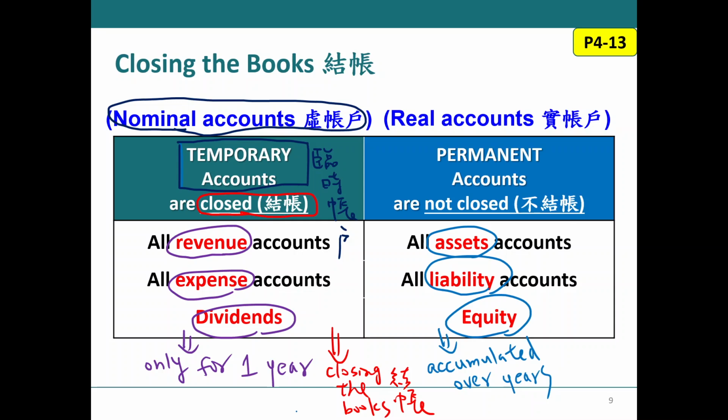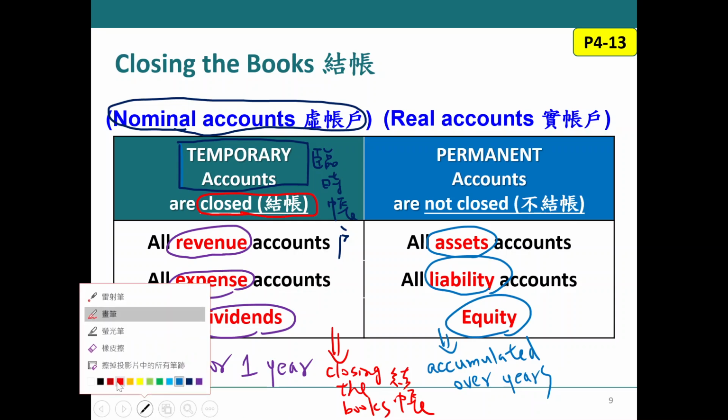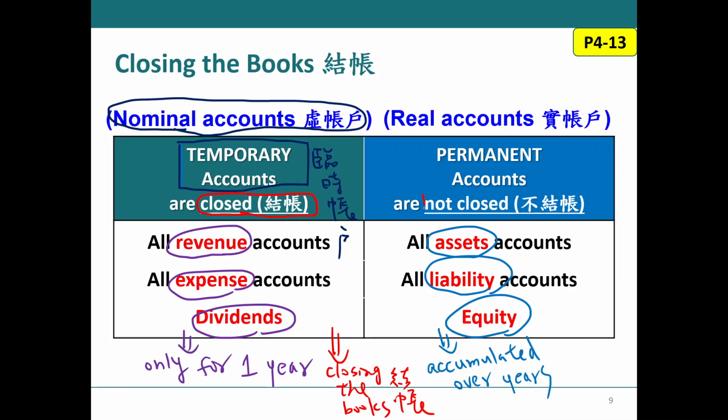So for this kind of accounts, we don't need to close the book. So not closed. And we call them permanent accounts, 永久账户. What does it mean? The data we put into this account will stay there forever. So that's permanent, 永久账户.